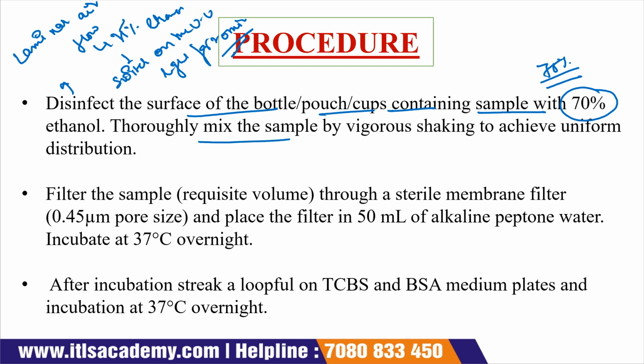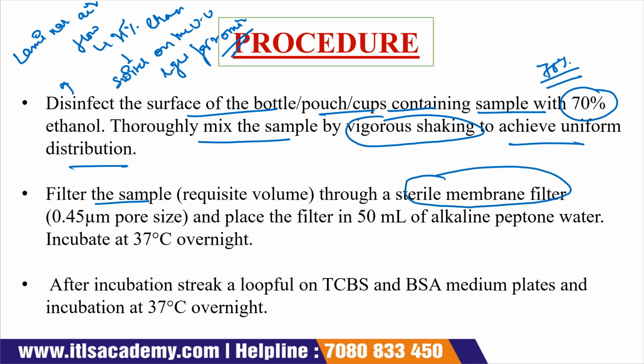Now thoroughly mix the sample by vigorous shaking so that we achieve a uniform distribution. After that we filter the sample with the help of a sterile membrane filter, and the pore size of the sterile membrane filter will be 0.45 micron, and place the filter in 50 ml of the alkaline peptone water.